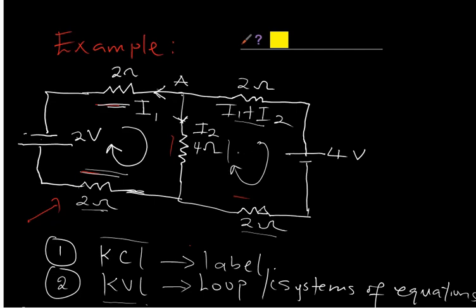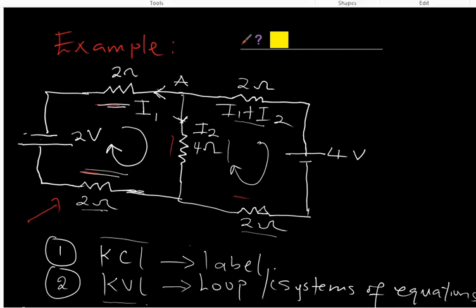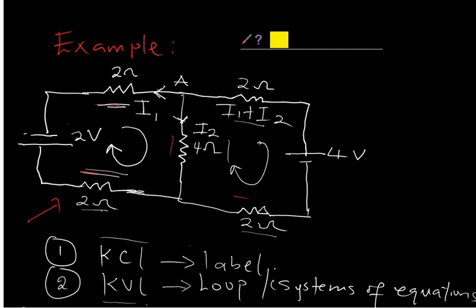Now I will choose a direction of flow of current for each of the loops. By standard, current is supposed to flow through a battery from the negative end to the positive.